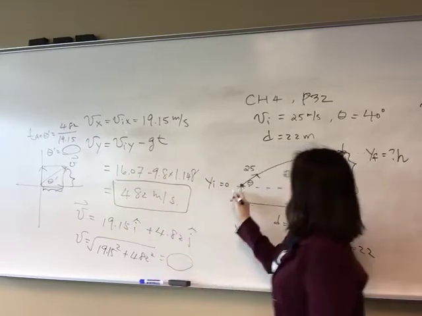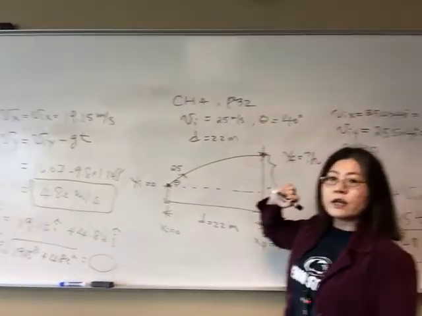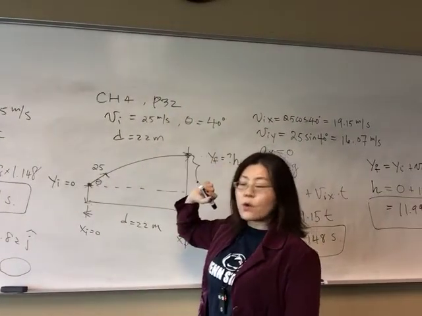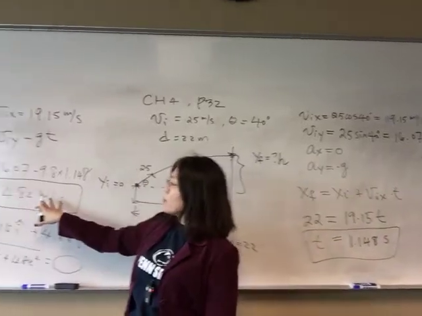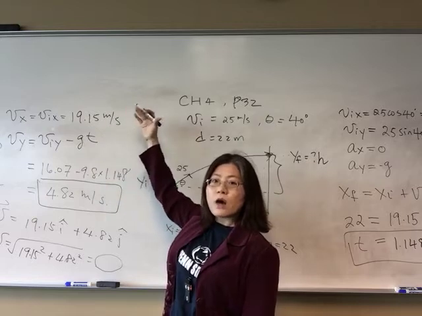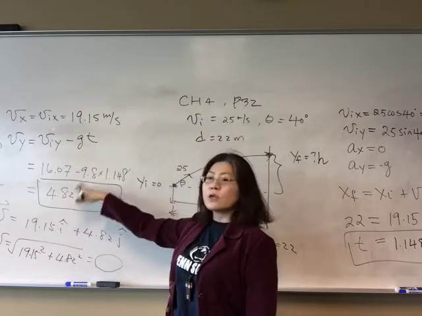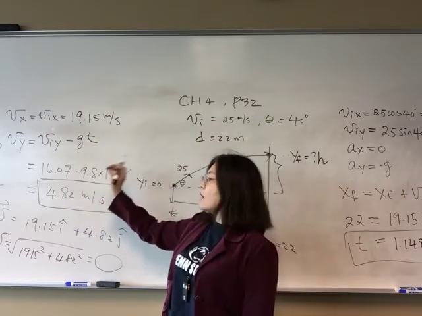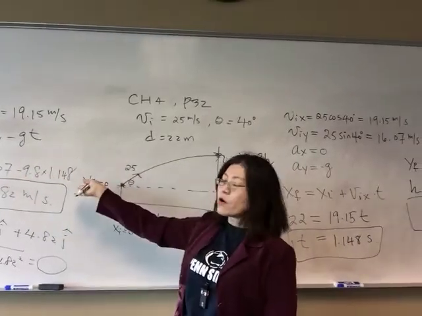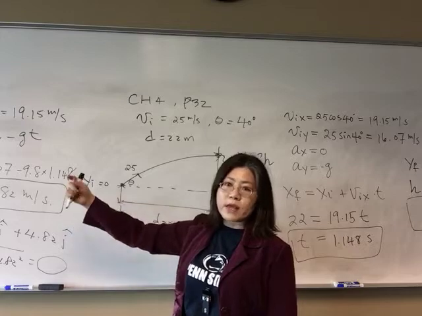Because whenever the ball reaches the highest point, the vertical velocity at that point should be 0. You still have a positive value, which means that it is still going up, until this value decreases to 0. And after it passes 0, it's going down. So when it goes down, the vertical velocity will become negative.